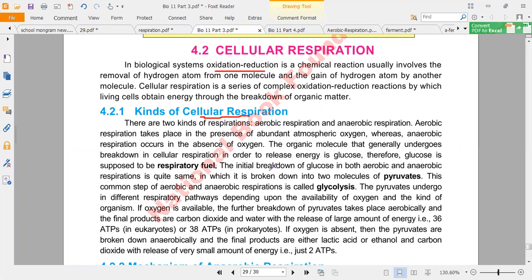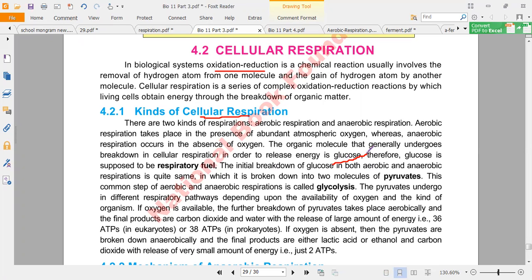Actually, for cellular respiration, we need a certain substance just to utilize it. That is glucose.